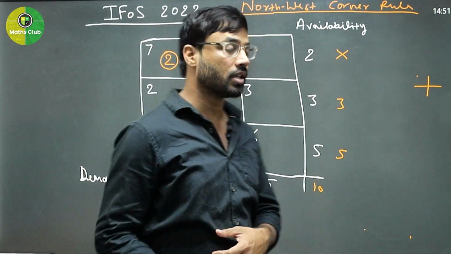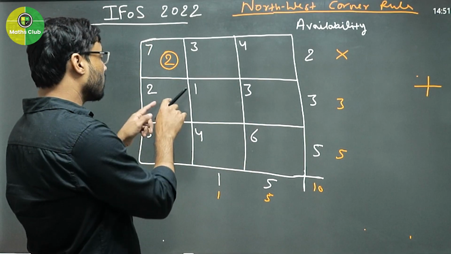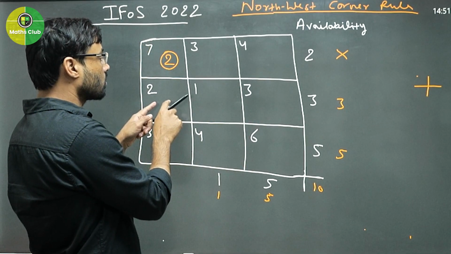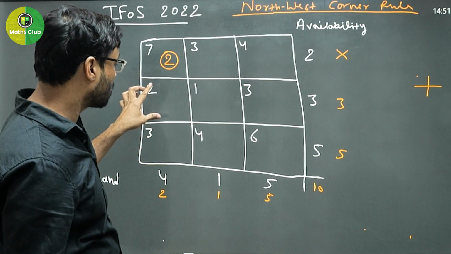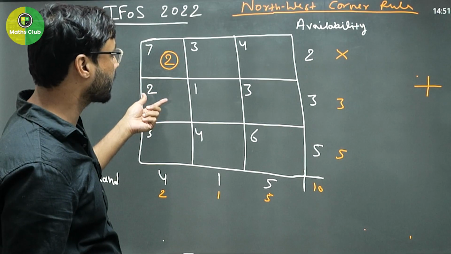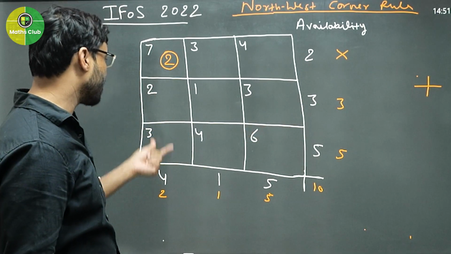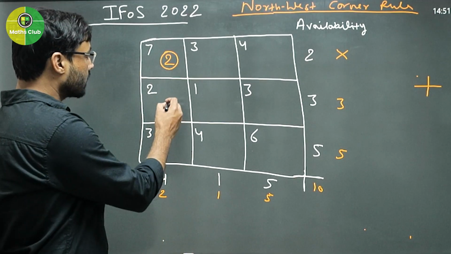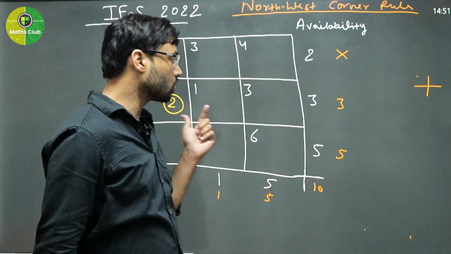This cell is now the northwest corner, so again allocate as much as possible. Here availability is 3 and demand is 2, so this cell can get 2.